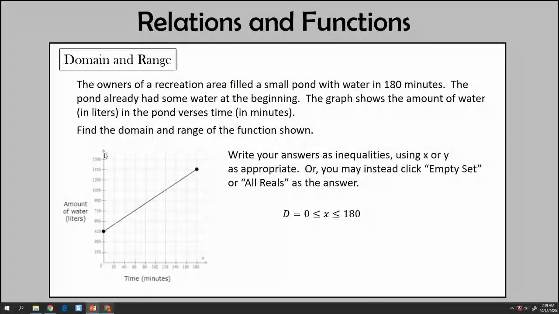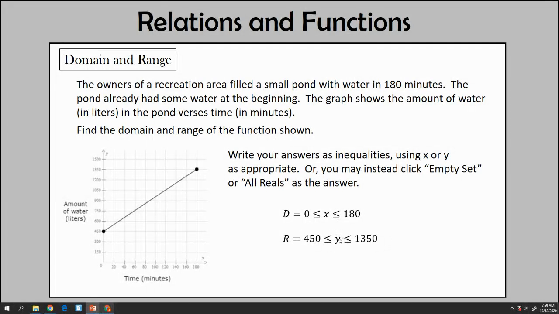The range are the Y's. They're this axis. As I look across here for my Y values, the smallest Y value I could have is 450. That's how much water starts in the pond at 0 minutes. And the most I get in the pond is 1,350. That's where the graph ends. So my range values span from 450 to 1350.